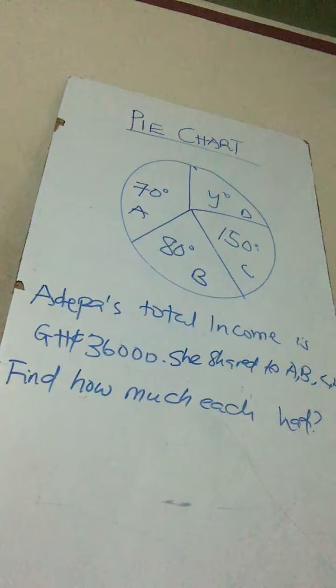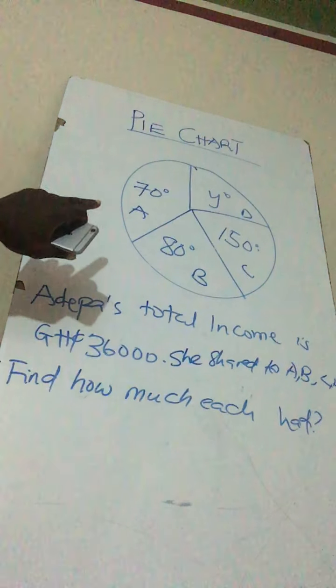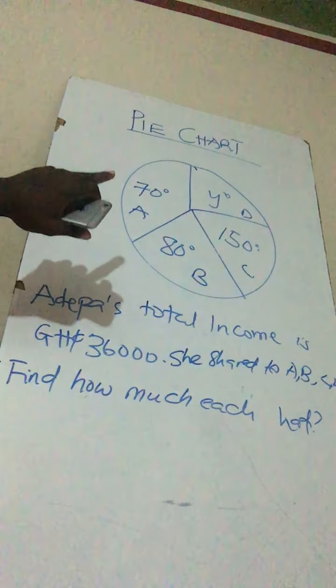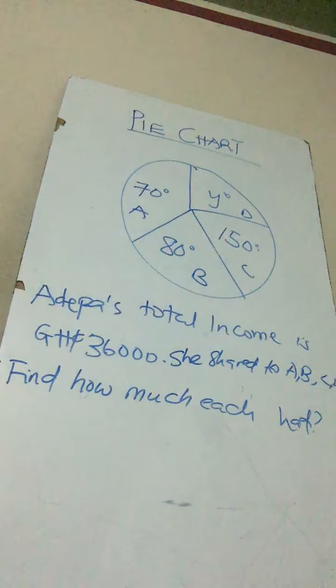So just as I have said, always make sure that angles in a circle add up to 360. And so if you are given the question, you have to make sure you solve for the unknown. Now if you look at this, you could see we don't have y. You could see there is no y. And so just as we know, you solve for y. Then we know that angles in a circle is 360.